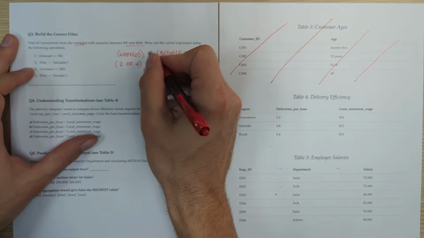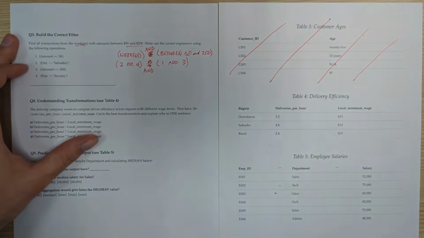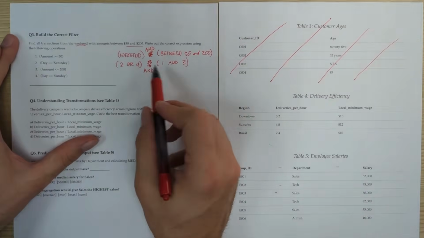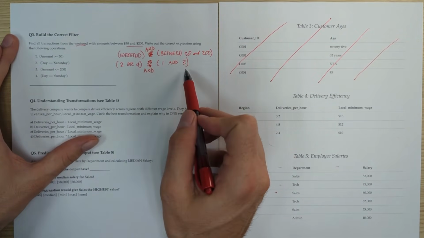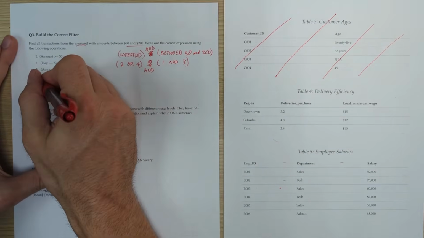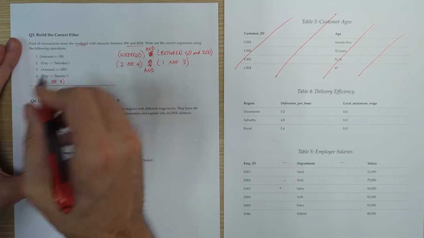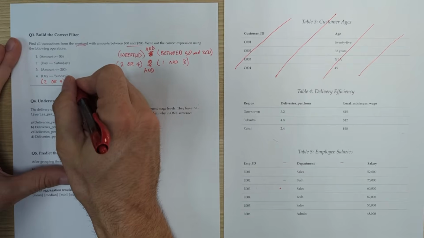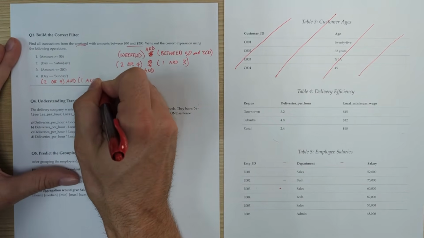Sometimes this ampersand is a little bit funny. Okay, so this is our statement. We need the weekend, and we need it to be between these two prices. So let's just write this out: 2 or 4 and 1 and 3.